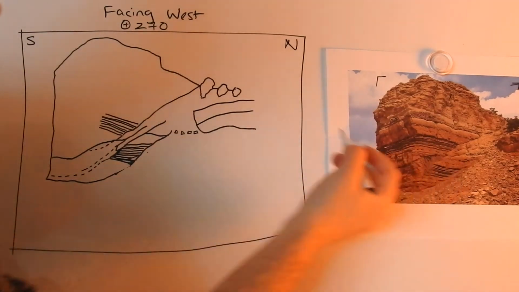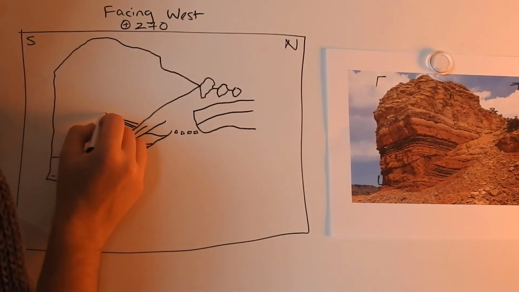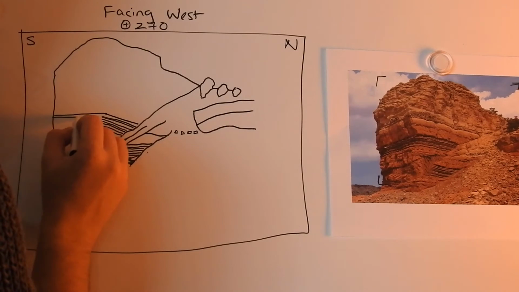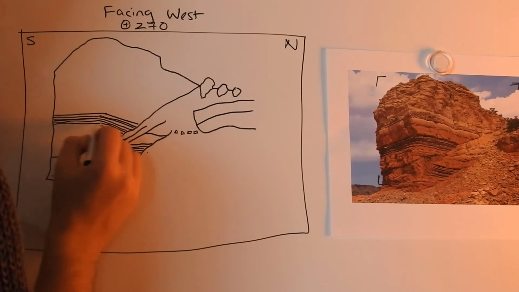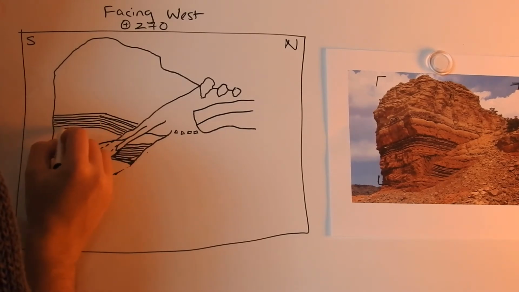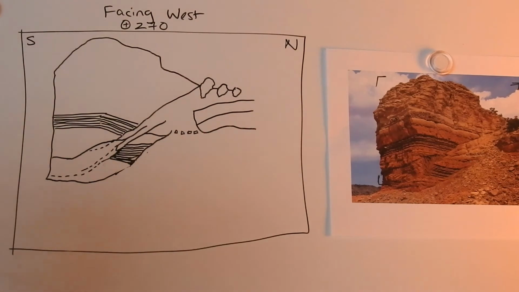Okay, and then back down. Okay, so that's conveying that that's coming up and out toward us.